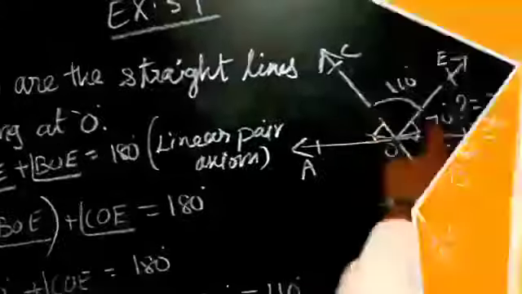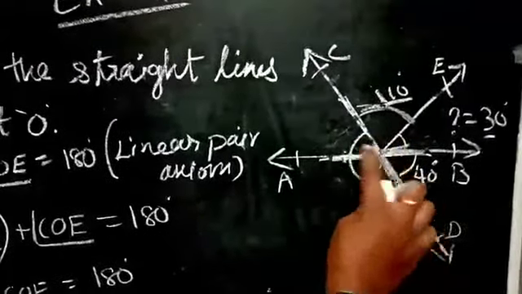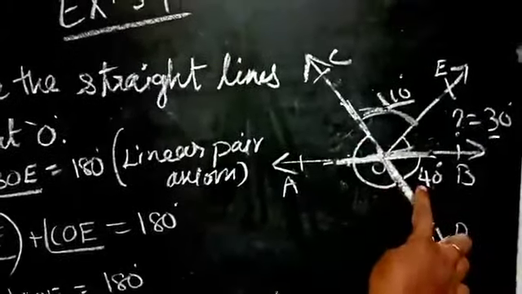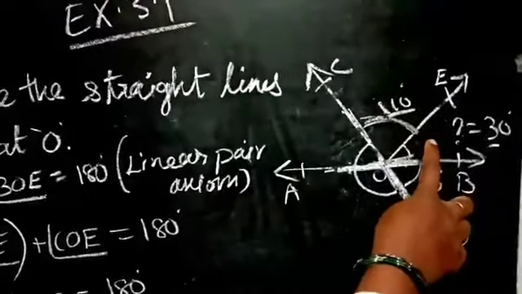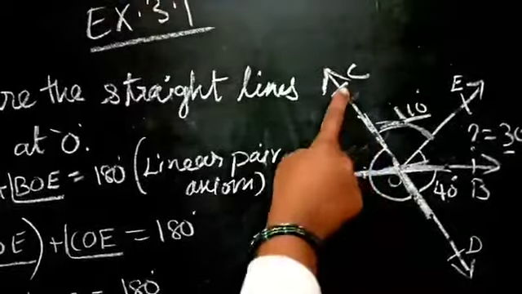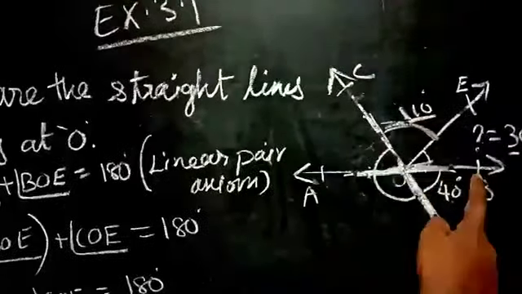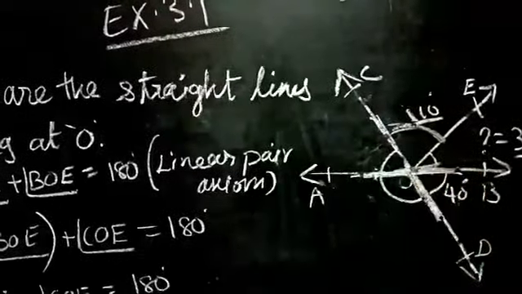Then the reflex of this angle we have to find. CD is a straight line. So we'll get here 180 plus 40 plus 30. We have to add this. So while adding, AOC plus AOD plus DOB plus BOE, we have to add here.